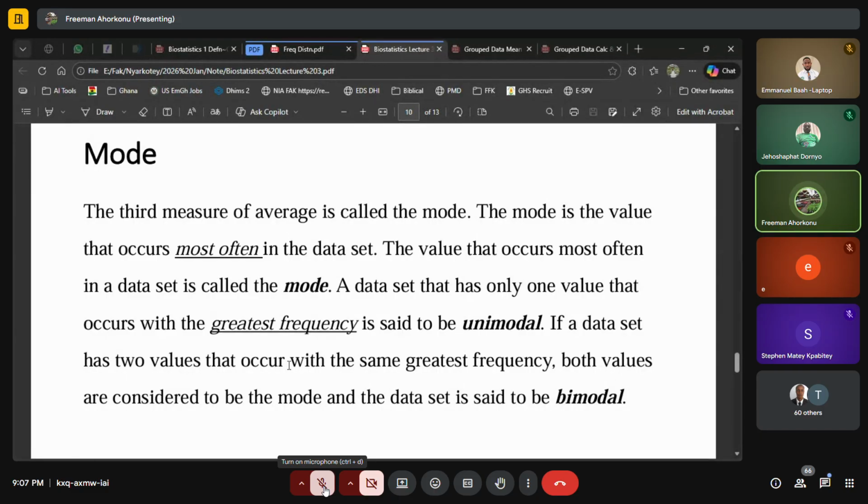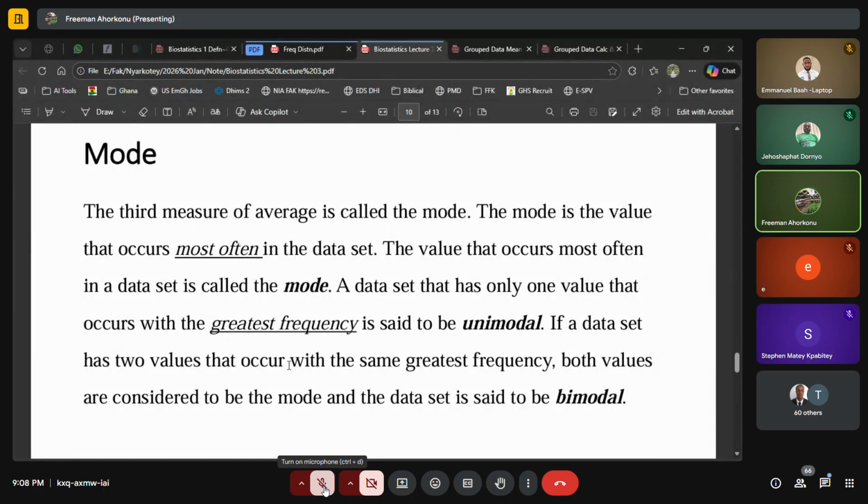You can have a data set where 4 will occur, for example, 10 times, and 6 will also occur 10 times. All the rest occur less than 10 times. Because 4 and 6 both occur the most, the 2 of them are the mode for that data set.